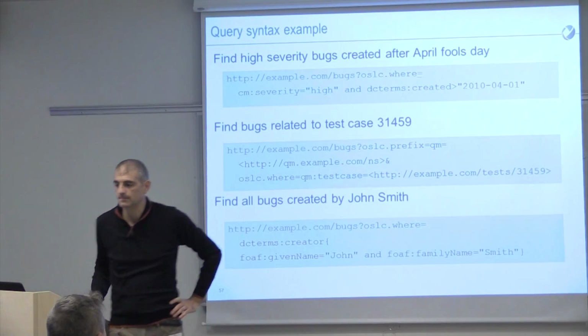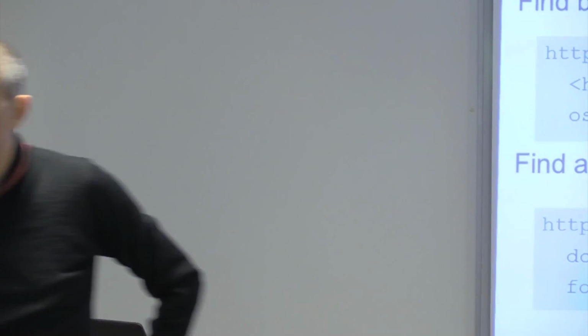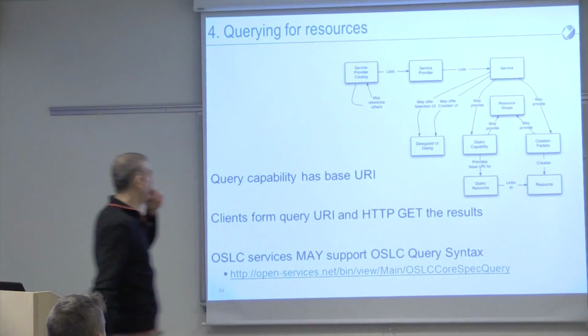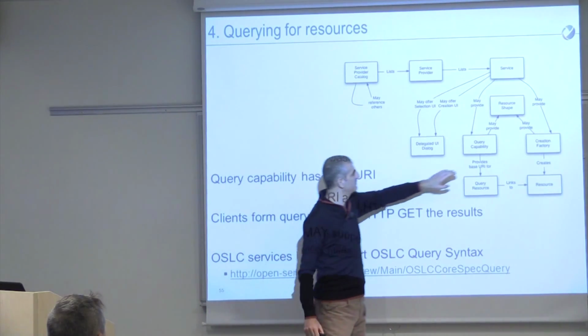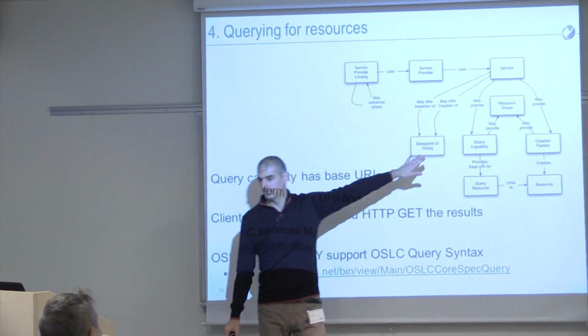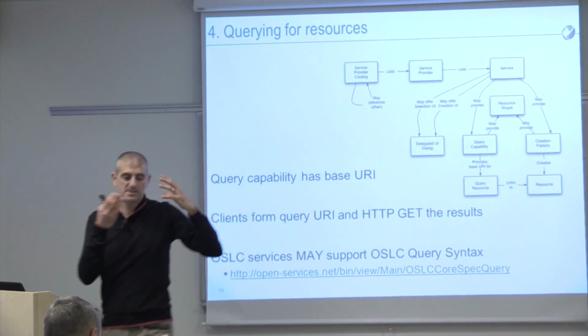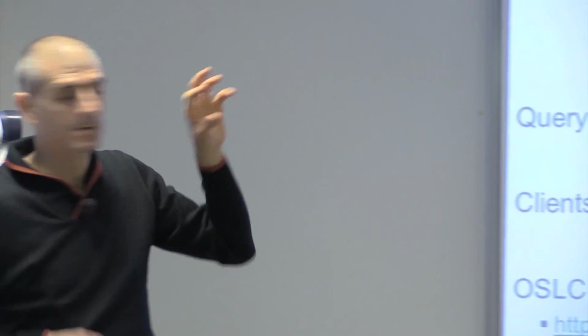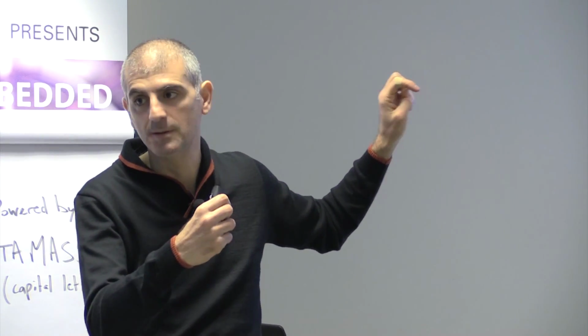OSLC defines how to specify the capability on the server side and consume it on the provider side. So if I understood you correctly, OSLC specifies how you specify the query capability. Yeah, this is actually the whole point of a service provider: to allow you to identify whether I have a query capability and how I use it.